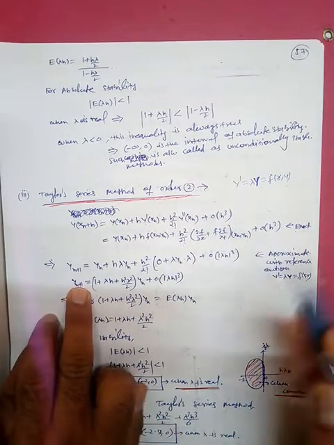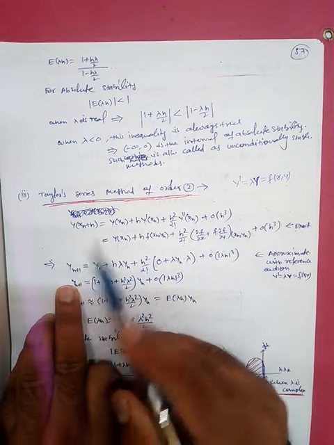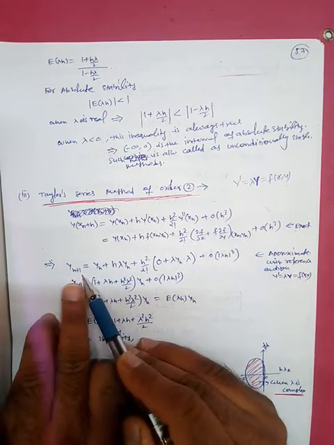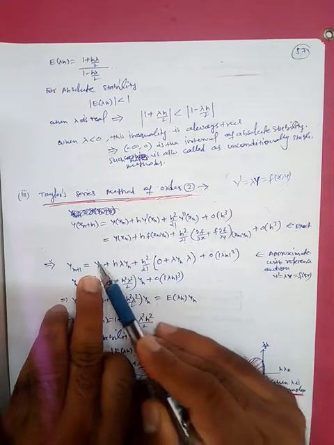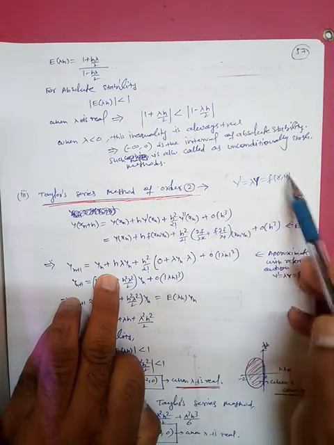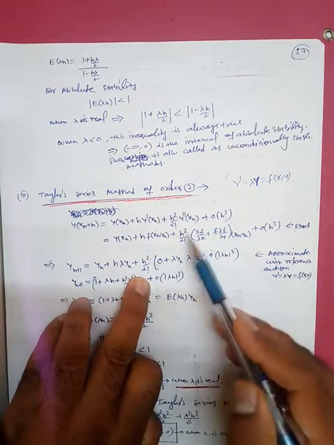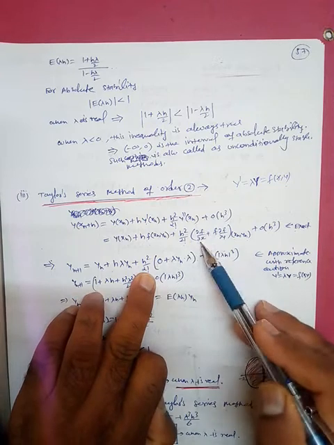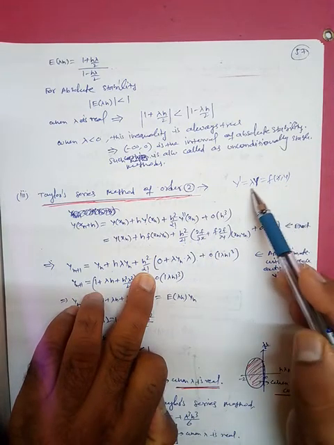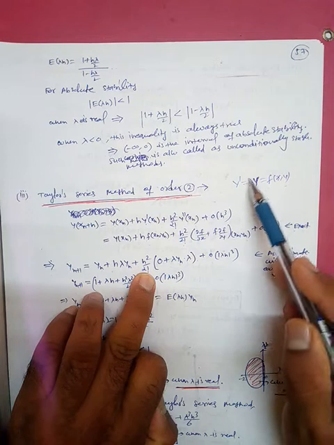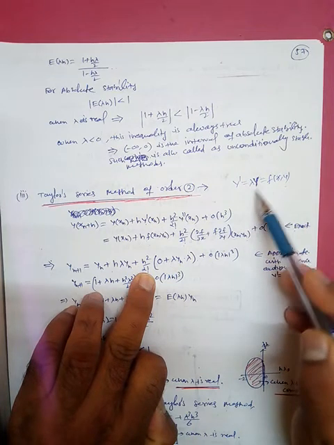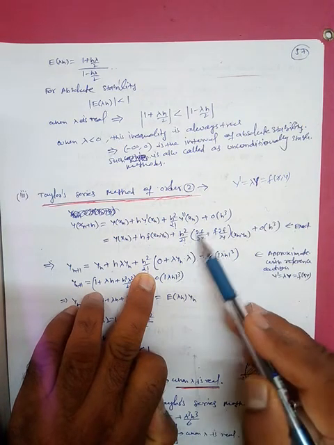Now we will use the approximation. So yn+1 is equal to yn plus f is replaced by lambda yn, so h lambda yn plus h²/2 del f by del x. What is f? In this case f is nothing but lambda y, a function of y only, so obviously del f by del x will be 0.